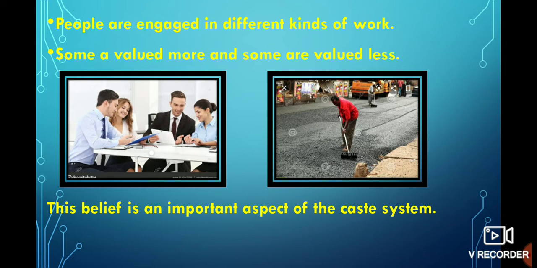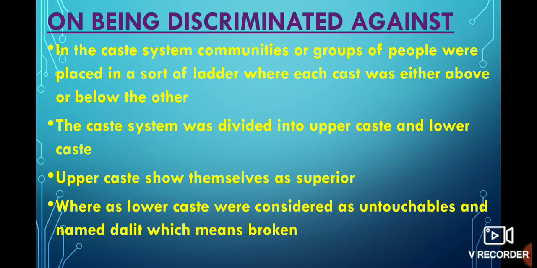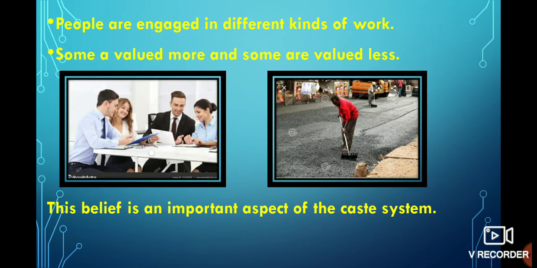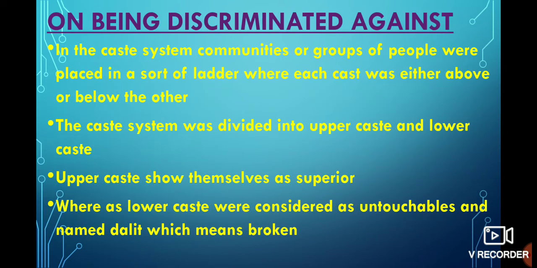How? Let's study now. See, in a caste system, communities or groups of people were placed in a sort of ladder. Now here the word ladder comes. Can you imagine a picture of a ladder in front of you? It has so many steps on it, right?